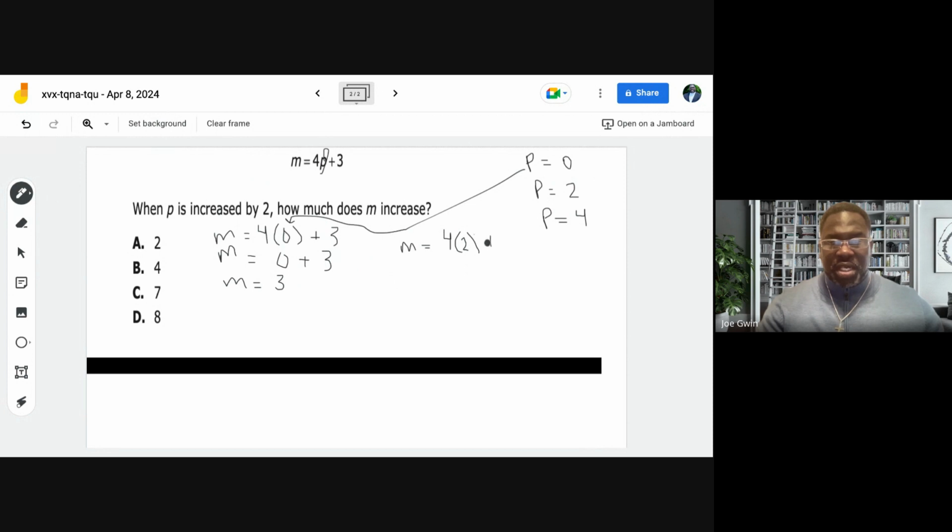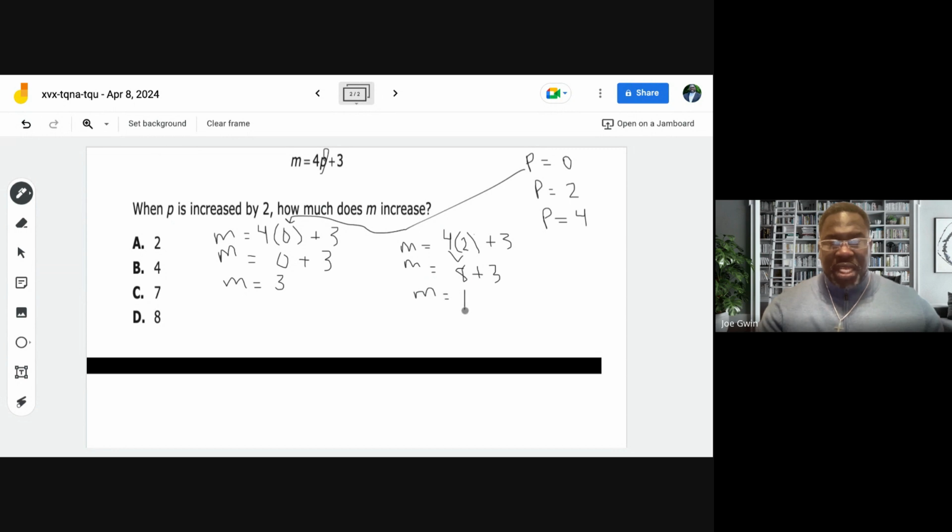So now we have M equals 4 times 2, which is 8. We did times because there's nothing in between, right? And we have plus 3. And 8 plus 3 is going to give us 11. So we have M equals 11.